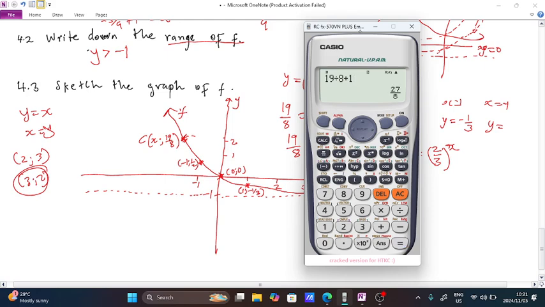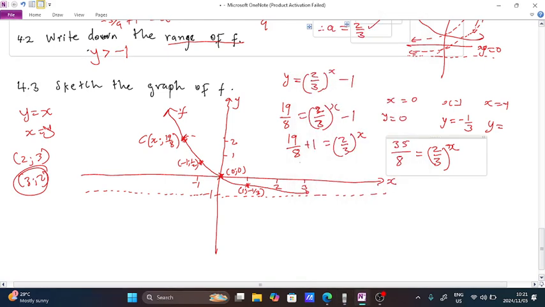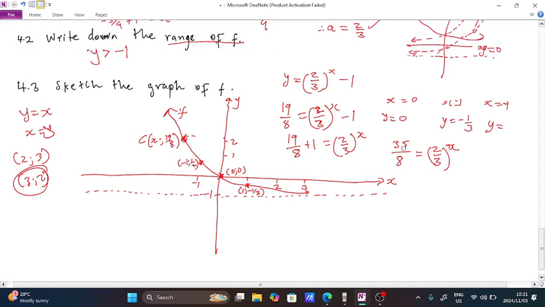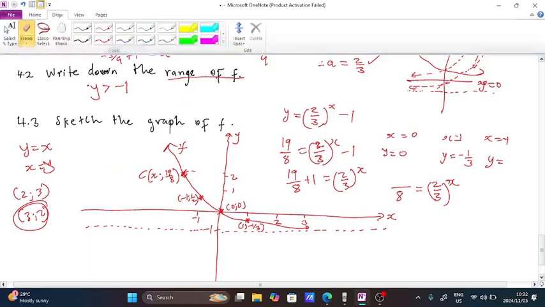So let's write it nicely. That is 27 over 8.